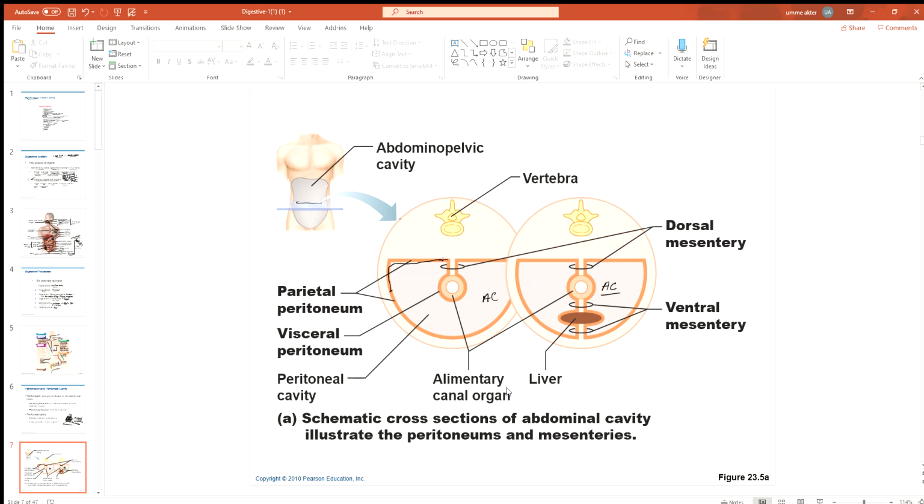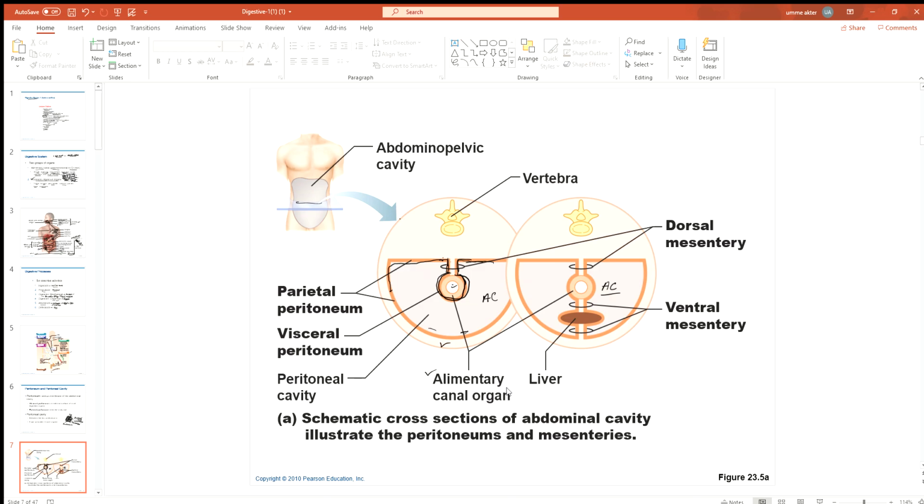Then you see the parietal peritoneum moves inwards like this, and covers the digestive organs like this. So this is your alimentary canal. For example, this is your stomach or intestine, and the parietal peritoneum is attached to the wall. This is the wall, and then from the wall it goes inwards like this and covers the abdominal organs, digestive organs.